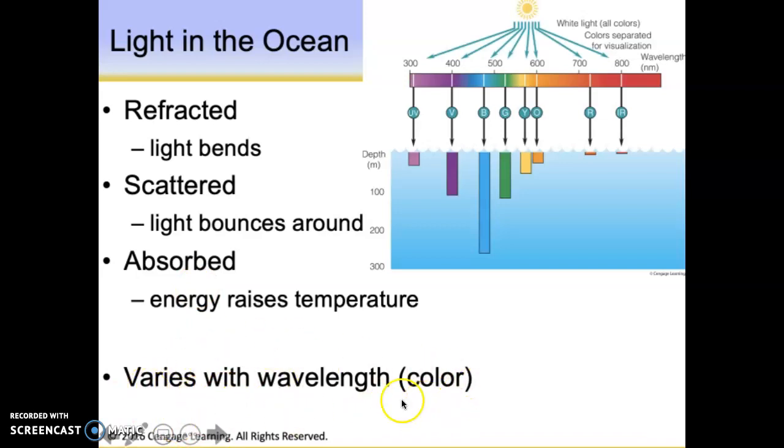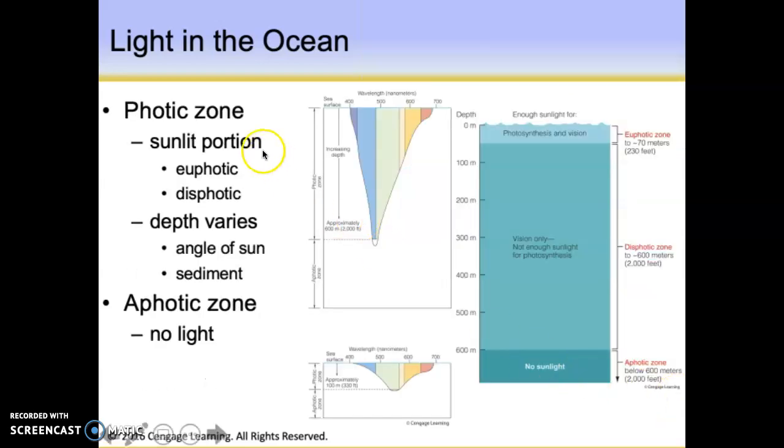These characteristics will vary with the wavelength of light, and the wavelength of light is what we experience as different colors of light. So how does that play out? Well, in the ocean, at the surface, we have what's called the photic zone and the aphotic zone.